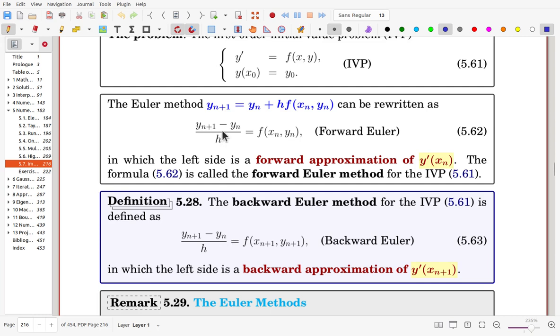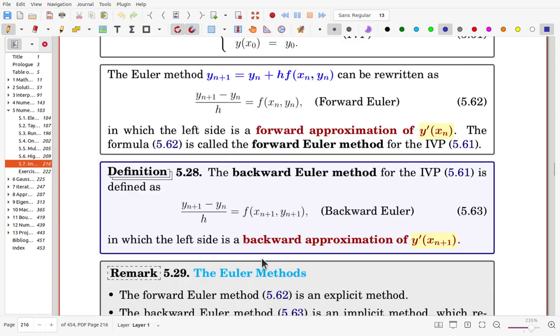So this must be a backward approximation of y prime at xn plus 1. That's the reason we call it the backward Euler method.